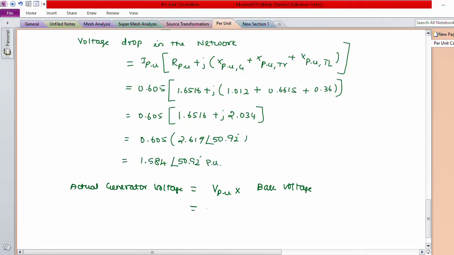The magnitude of the generator terminal voltage is 1.584 and the base voltage is 9.523. If we multiply that, we will get 15.093 kilovolt. So this is the actual generator voltage which we have determined from the reactance diagram. Thank you.